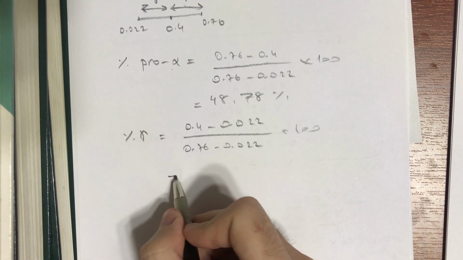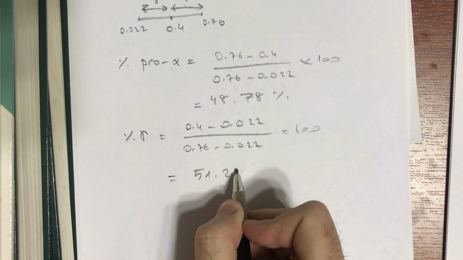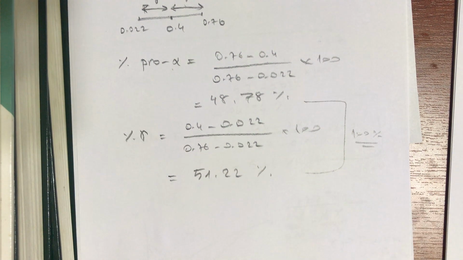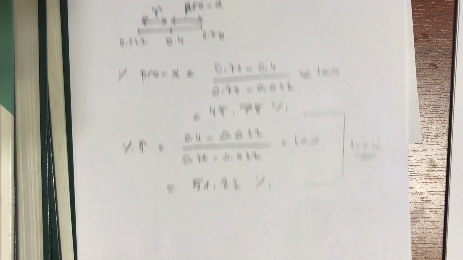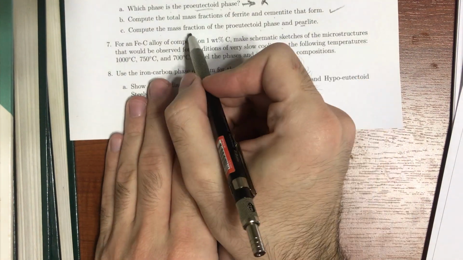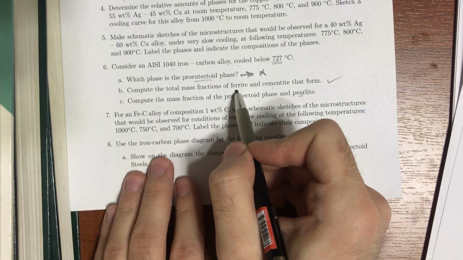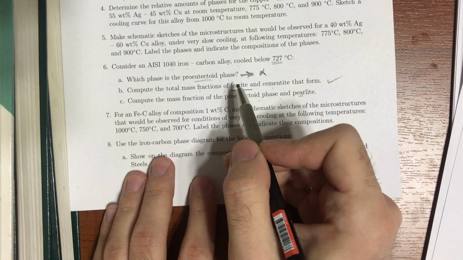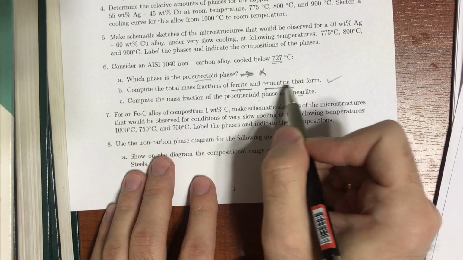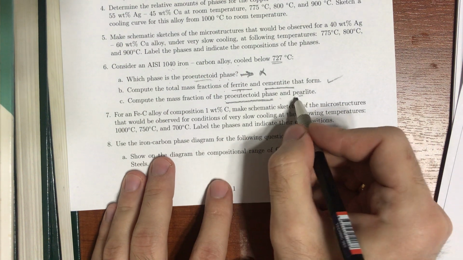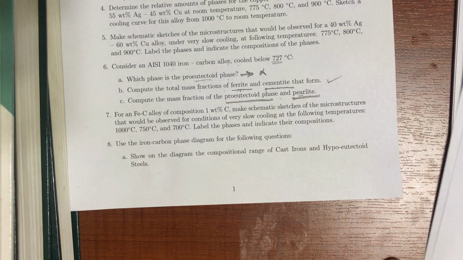And if you calculate that, you will get 51.22%. And if you add these up, again you get 100%. So we are good. Now, from our calculations, the answers to these questions are: total mass fraction of ferrite is 94.34%, cementite is 5.66%, proeutectoid phase is 48.78%, and perlite is 51.22%.